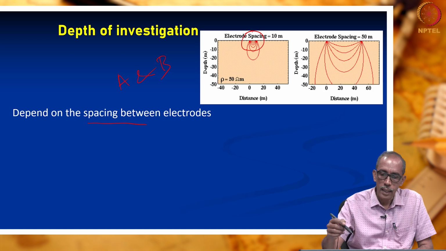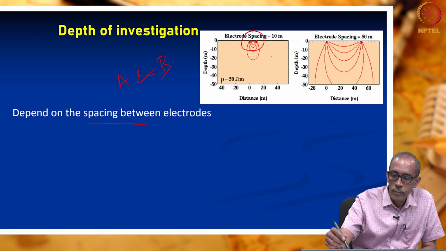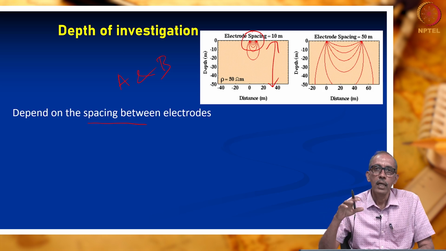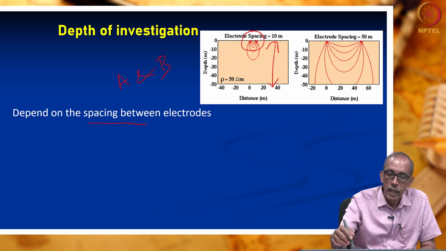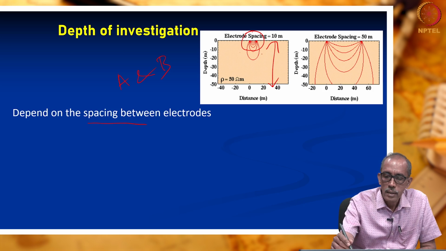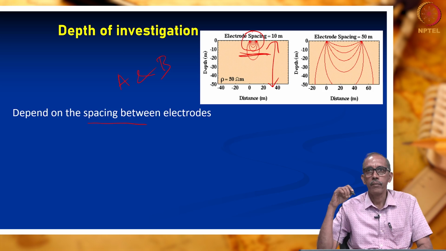So, look at the diagram. So, here we are assuming certain resistivity for this layer. Over such a layer of some resistivity, if you carry out electrical sounding, by keeping A and B electrode at a distance of 10 meters, the depth of penetration is only up to this.